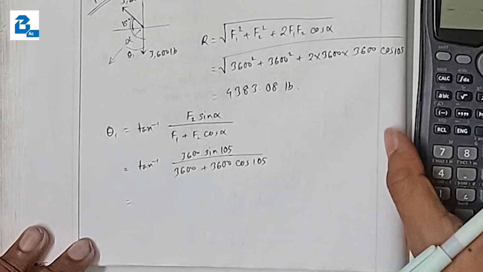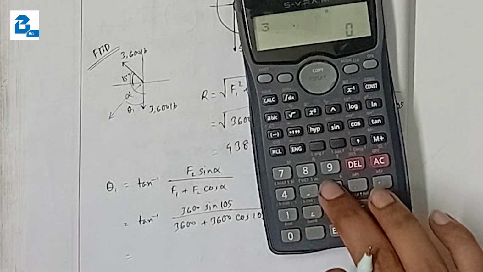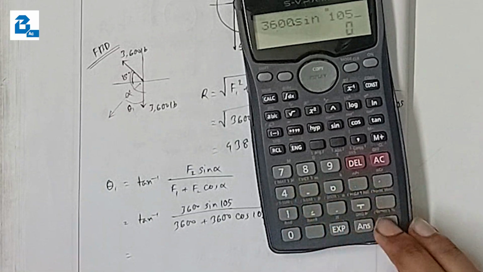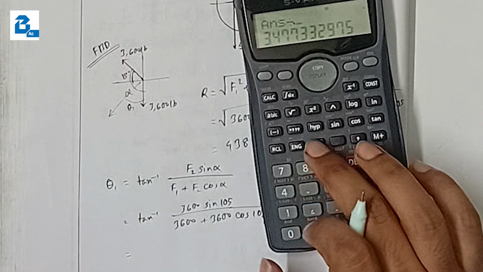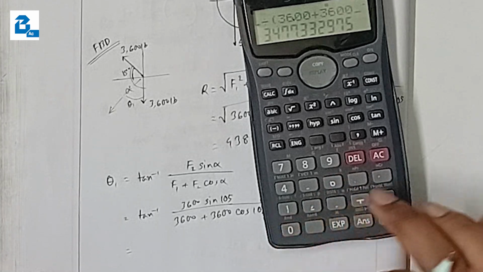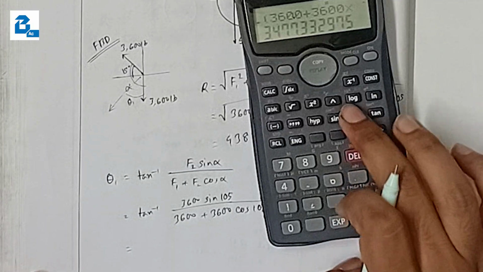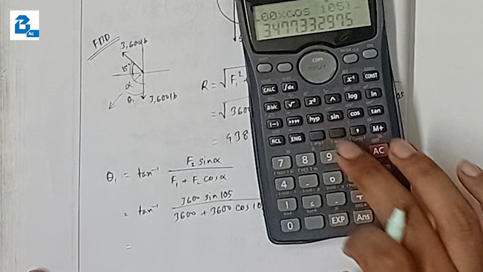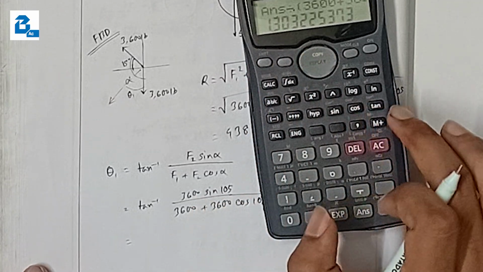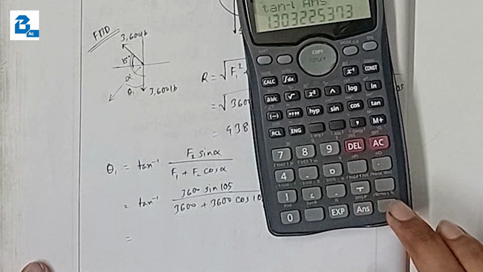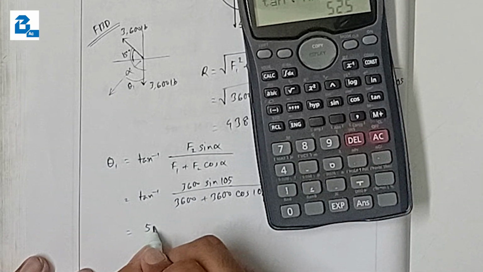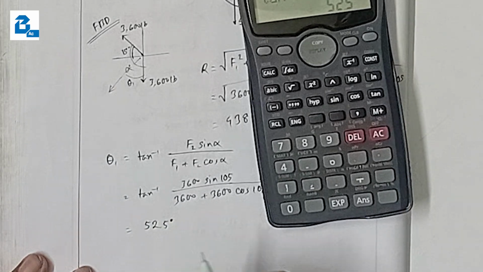Then we will get 3600 sine 105 divided by 3600 plus 3600 into cos 105, and then we will find out the tan inverse of the answer. Then we will get 52.5 degree.